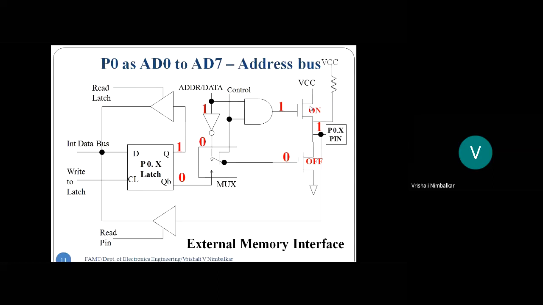My point is, whenever the port 0 pin acts as an address and data bus, we need not have the external pull-up, because the internal MOSFET pull-up is already on. But even if I connect this external pull-up, it is not going to change the logic. The logic 1 or logic 0 that is sent out is not going to be disturbed. So that is how logic 1 is sent out.